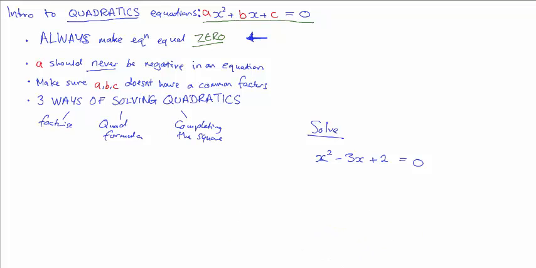So if we look at this next one, I've written that a should never be negative in an equation, and if you look over here, all I mean by a is the number in front of x squared should never be negative. So say you found yourself in this situation, and don't worry how you got into that situation just yet.